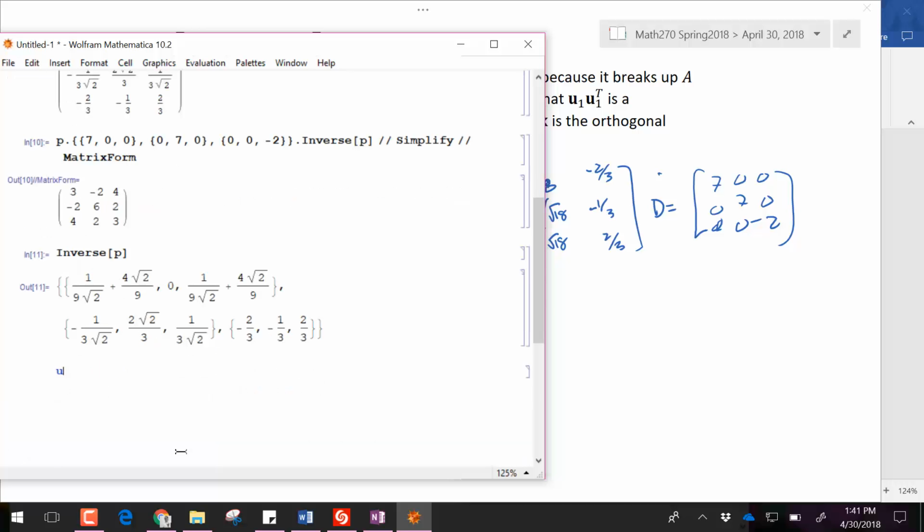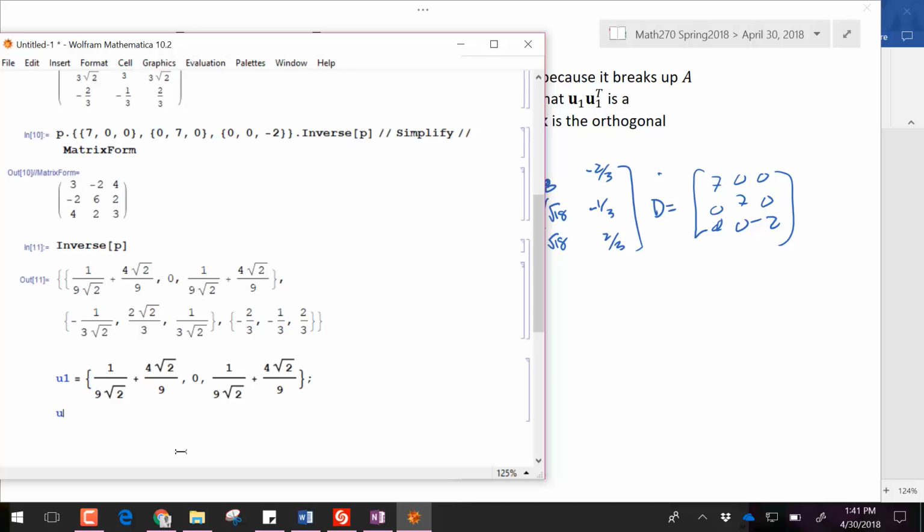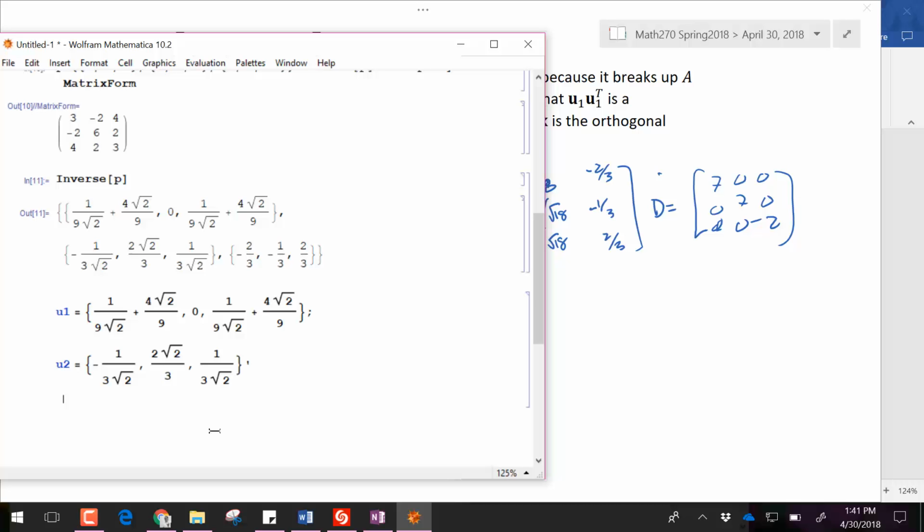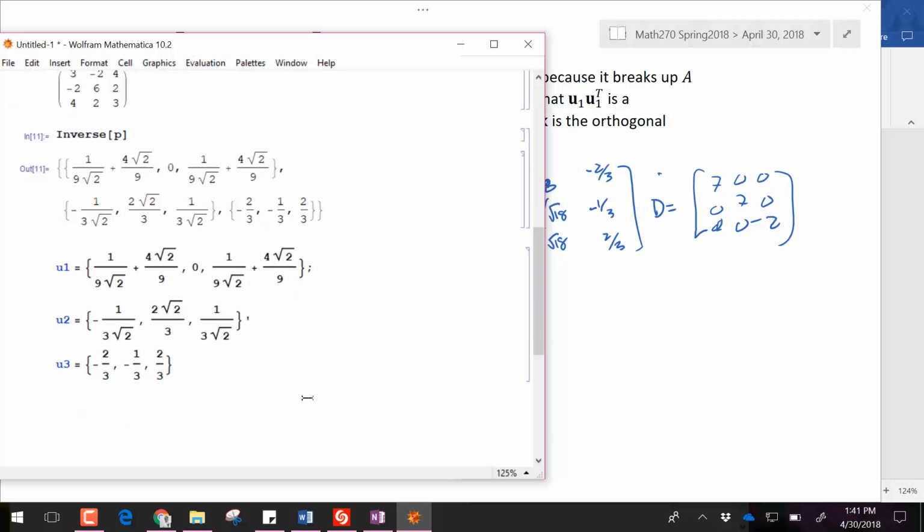So U1 is going to be equal to this. U2 is going to be equal to this. And U3 is equal to this. So let's see, U1 simplified in matrix form.